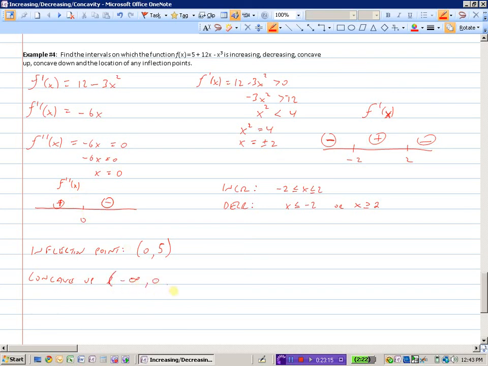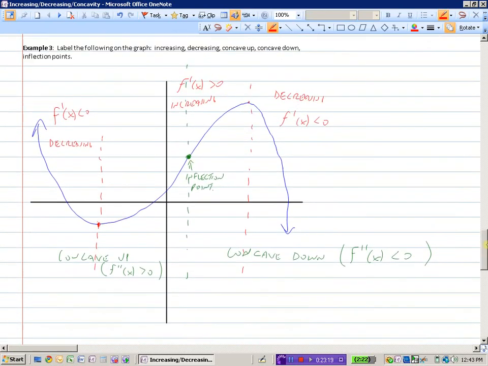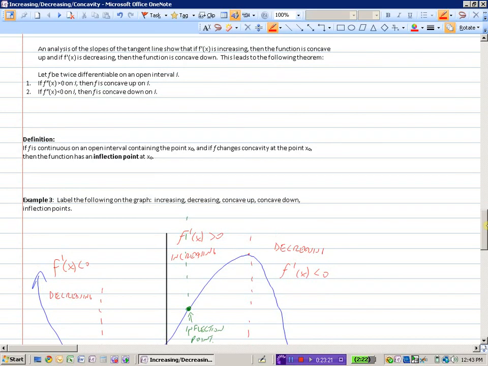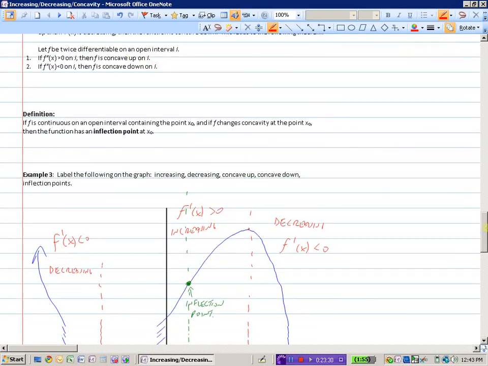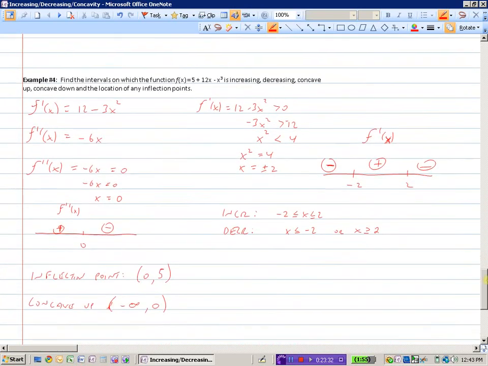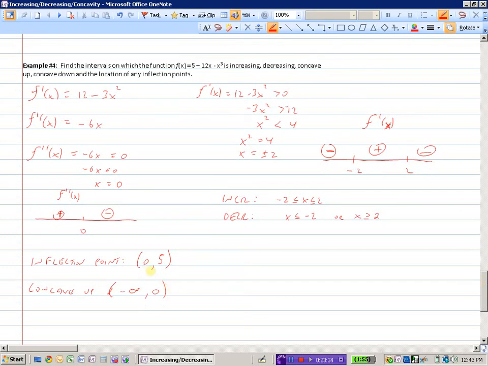Now notice back here again at this definition. It has to be concave up or down on I, which is an open interval. So when we are doing concavity, by definition, we will not include these points here. So with the first derivative, when we're saying where it's increasing and decreasing, we will have equal to symbols, because we can include these points.